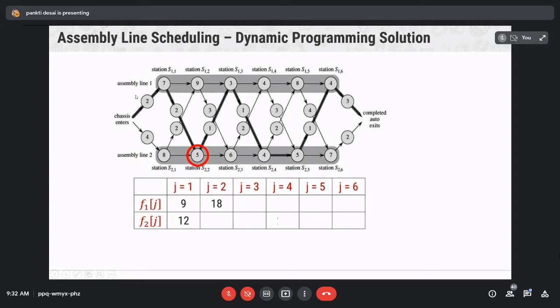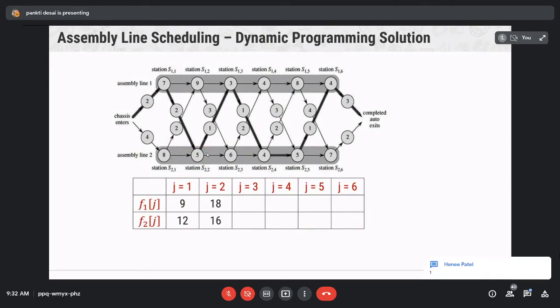Which path gives you the fastest route, assembly line 2 or assembly line 1? Assembly line 1, and the time required is 16.